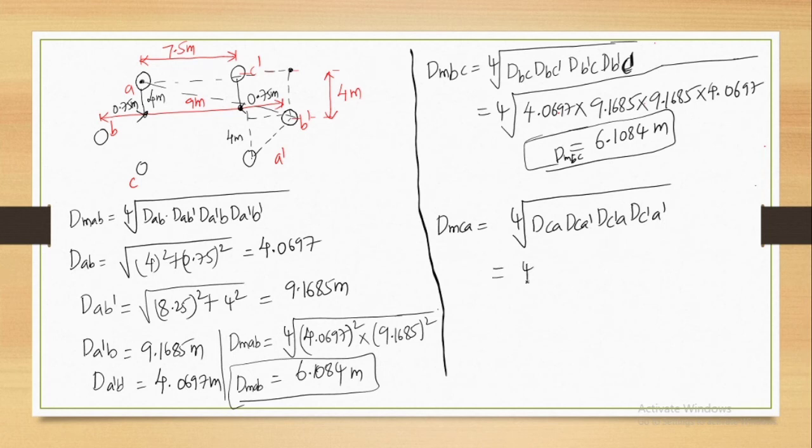What is C to A? If you observe the diagram, the vertical distance is 4 plus 4, 8. So C to A is 8. C to A dash: C is this one, this is A dash, this is the horizontal distance. What is this distance? 7.5.